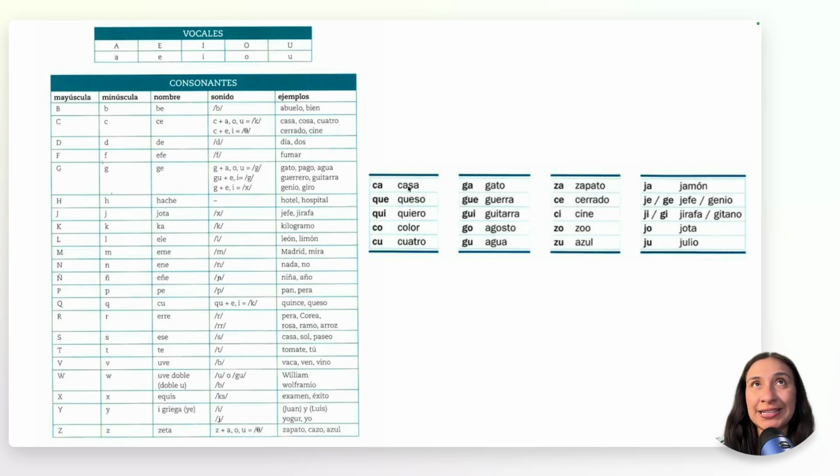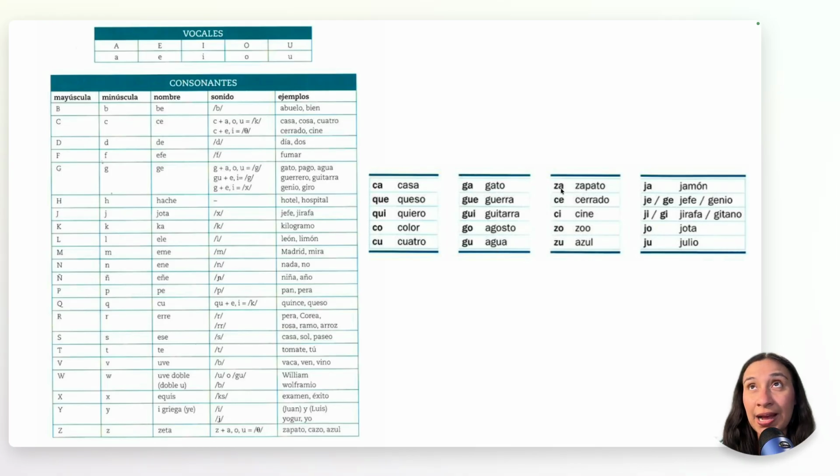So, K, casa, que, queso, ki, quiero, co, color, Q, cuatro. G-A, ga, G-O, go, G-U, gu, but G-U-E, G-U-I, ge, gi. Ga, gato, ge, guerra, gi, guitarra, go, agosto, gu, agua.